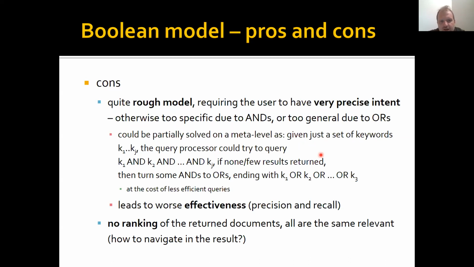And then the Boolean querying applied on top of this is basically applying precise searching in a not precise representation. And this is a bad combination, of course, because we need to somehow express our exact query intent using a very vague representation.